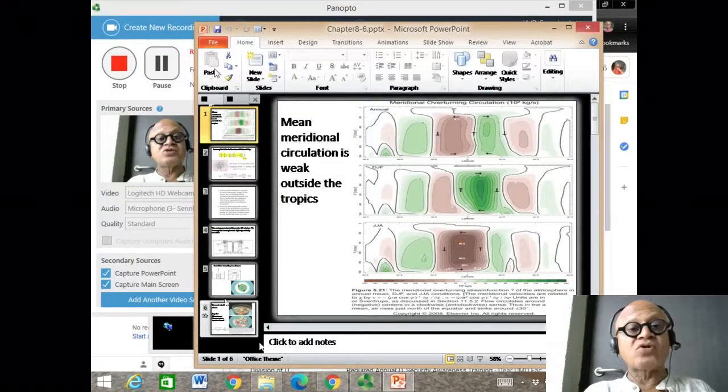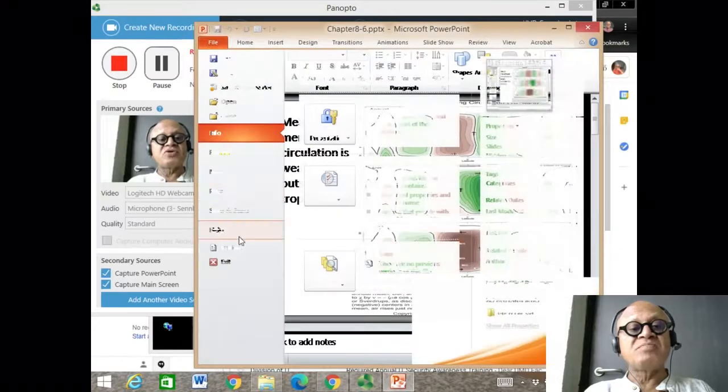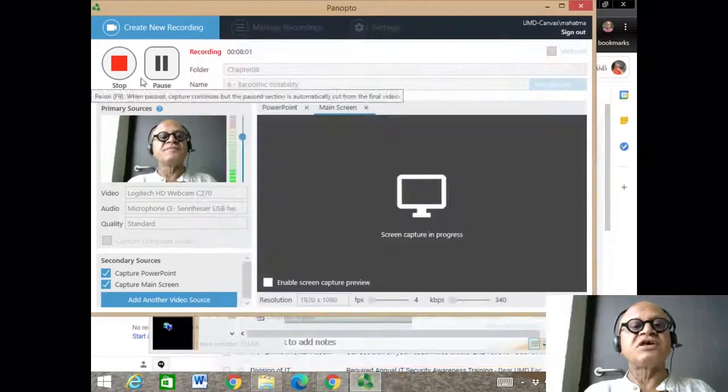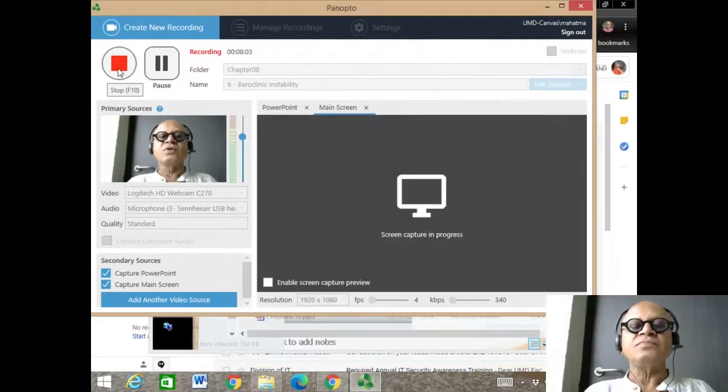For you to remember, it's very simple: angular momentum conservation breaks down, so the system breaks into eddies, and that's hydrodynamic instability. If you can derive that expression for angular momentum with the cosine phi in the denominator, you are gold. That's one of the big concepts for this baroclinic instability idea.